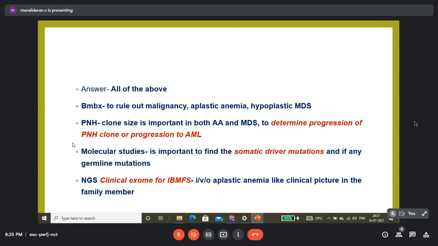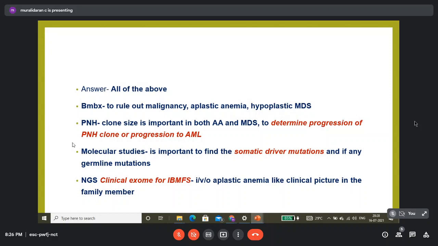And molecular studies, as I already described, we need to find the somatic driver mutations, and if it's a younger patient, we should look for germline mutations. In younger patients, there are some inherited bone marrow failure syndromes that can mimic aplastic anemia.